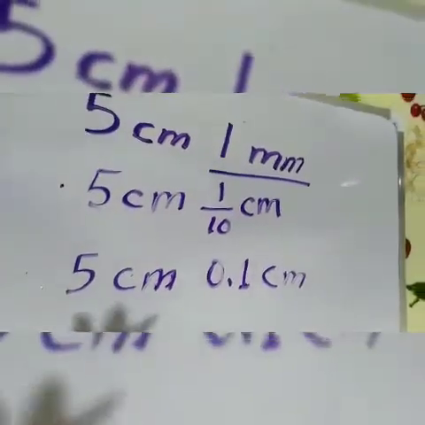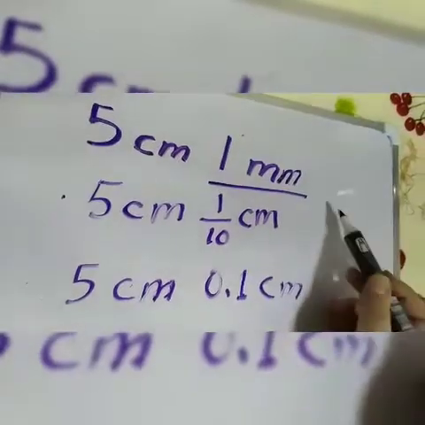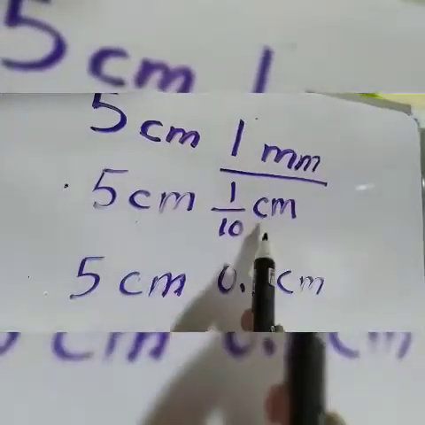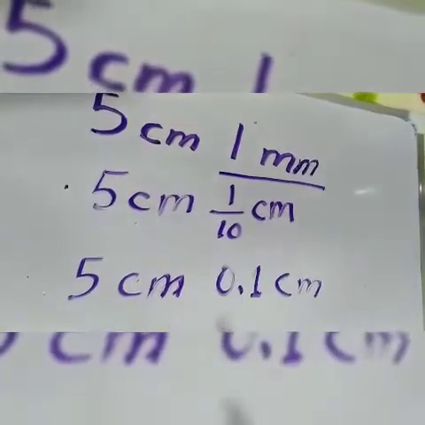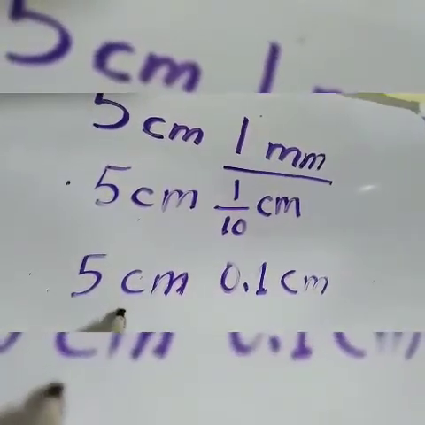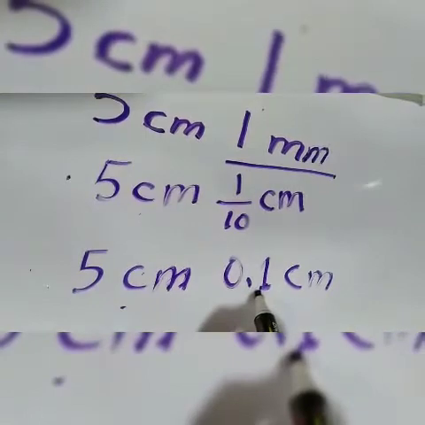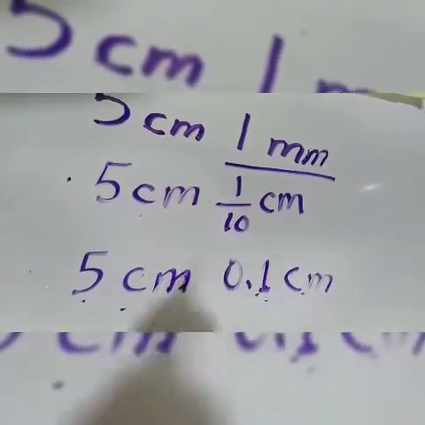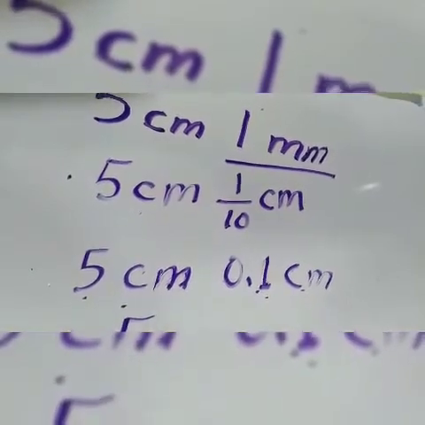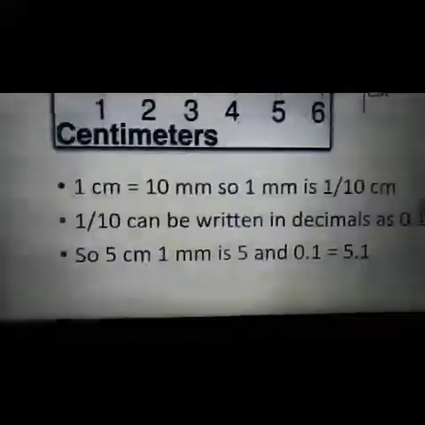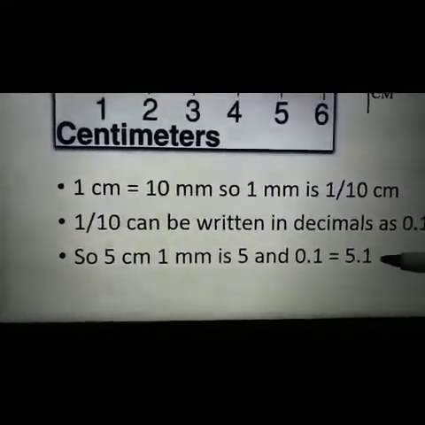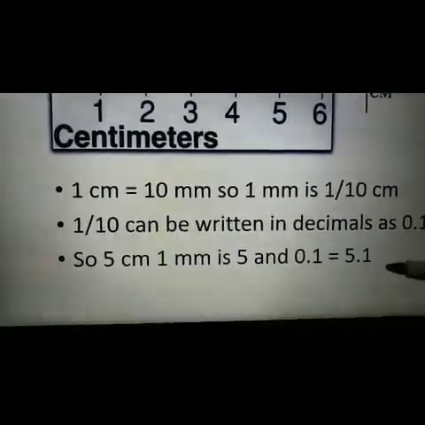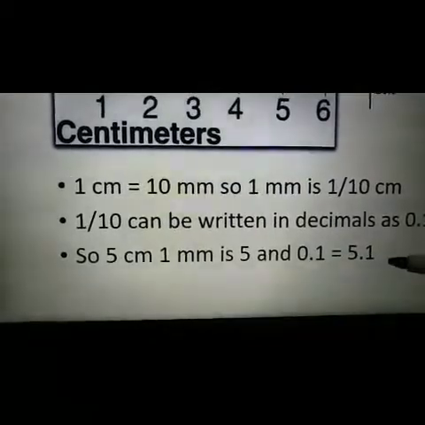So, 5 centimeters, 1 millimeter can be written as 5 centimeters, 1/10 centimeter, or it will become 5 centimeters, 0.1 centimeters. 5 and 0.1 is 5.1. So 5 centimeters, 1 millimeter is 5 and 0.1, which equals 5.1 centimeters.